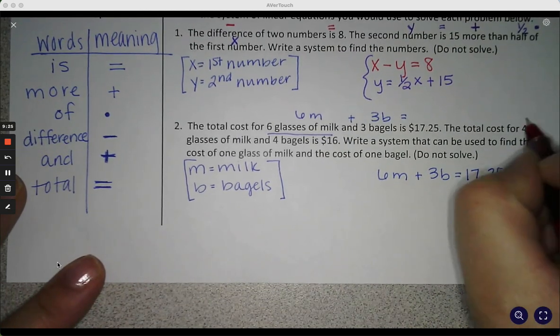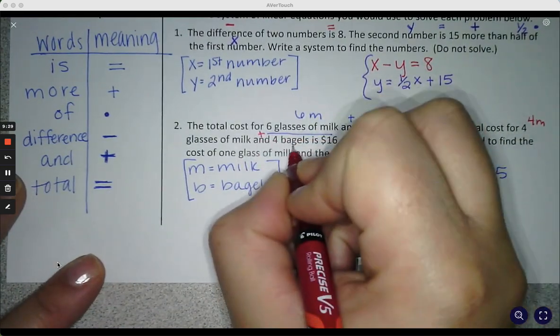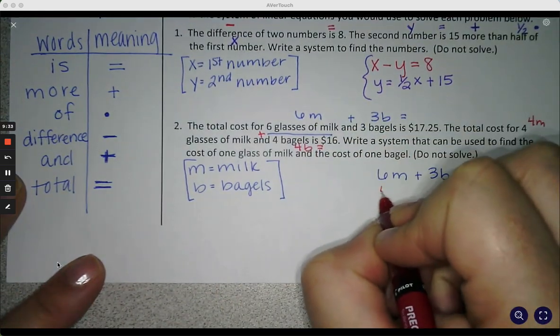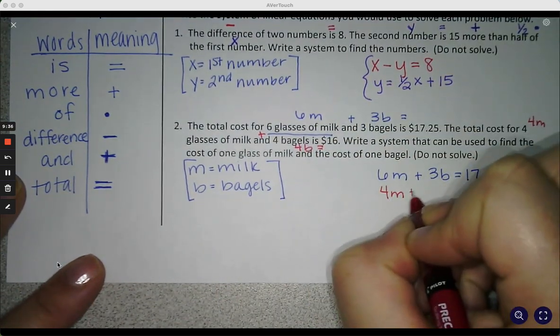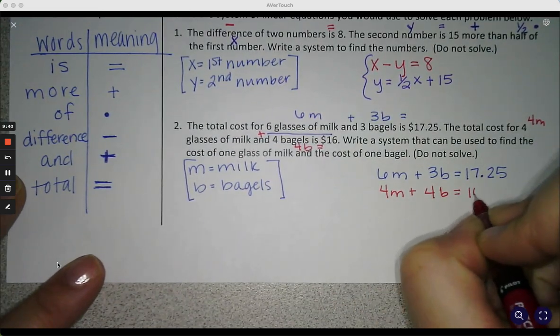The total cost for 4 glasses of milk, so we have 4M, and 4B is, and there's my second, 4 glasses of milk and 4 bagels is 16.